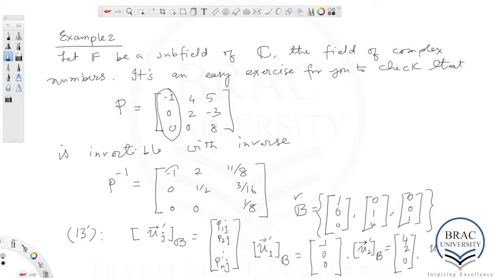The coordinate matrix of u3 prime with respect to the standard basis is the third column of the matrix P, which is 5 minus 3 8. This way we get the coordinate matrices of all of these elements of the ordered basis B prime.